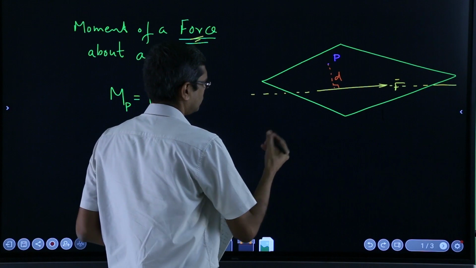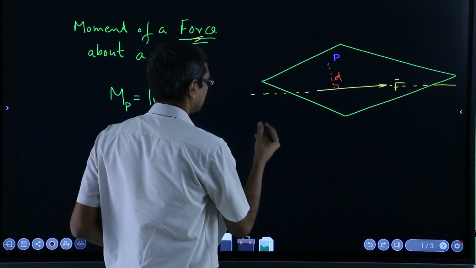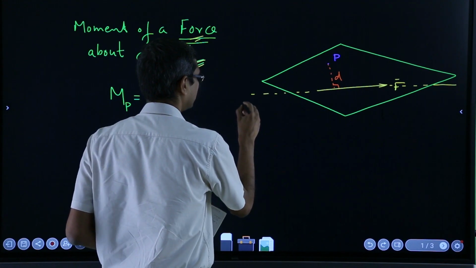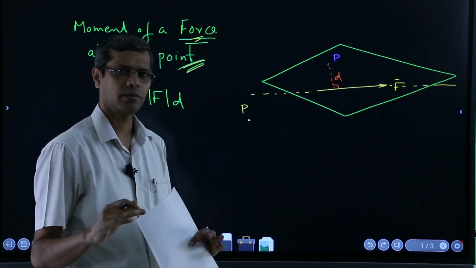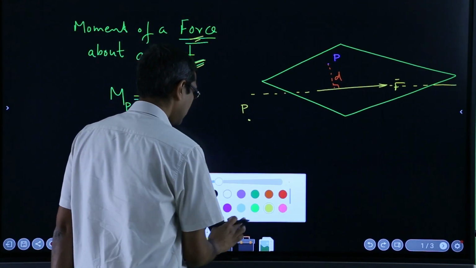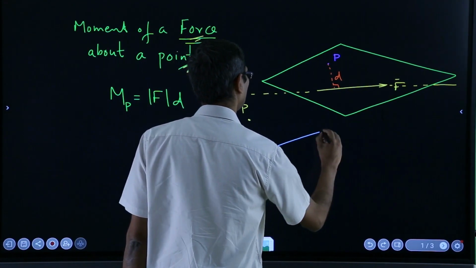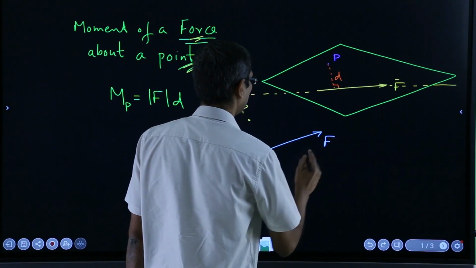But what I am trying to say is this: in the most general case you will have the point P somewhere in space hovering, and then you will have the force somewhere, in 3D.